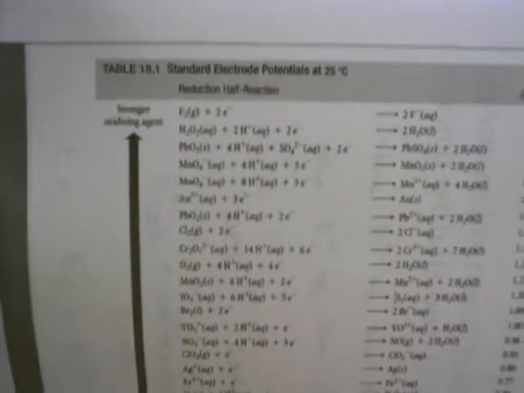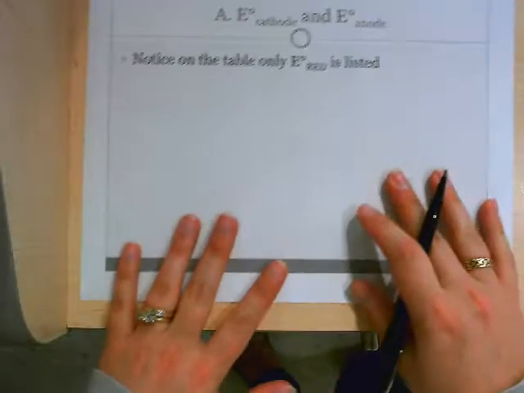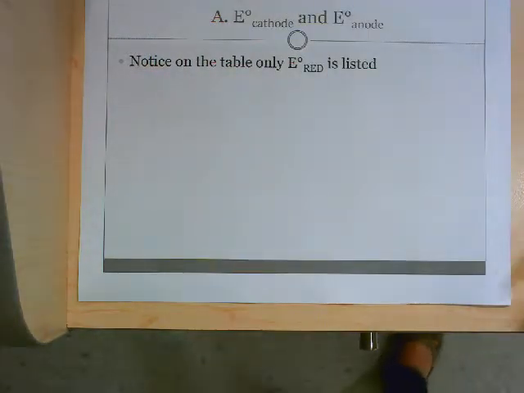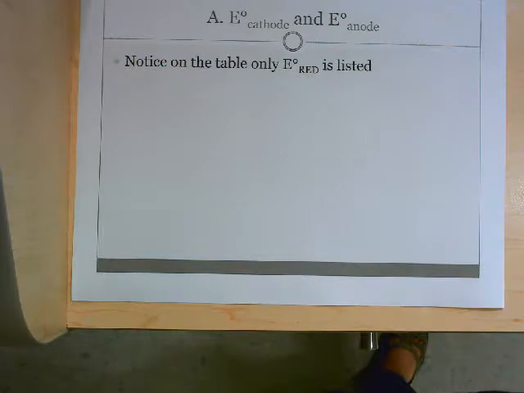So everything listed here, anywhere on the table, all the reactions have electrons as reactants. Can you have two reduction half reactions together? No, you can't. So how do we get around that? On this table, any table you look at will only list reduction potentials by convention.